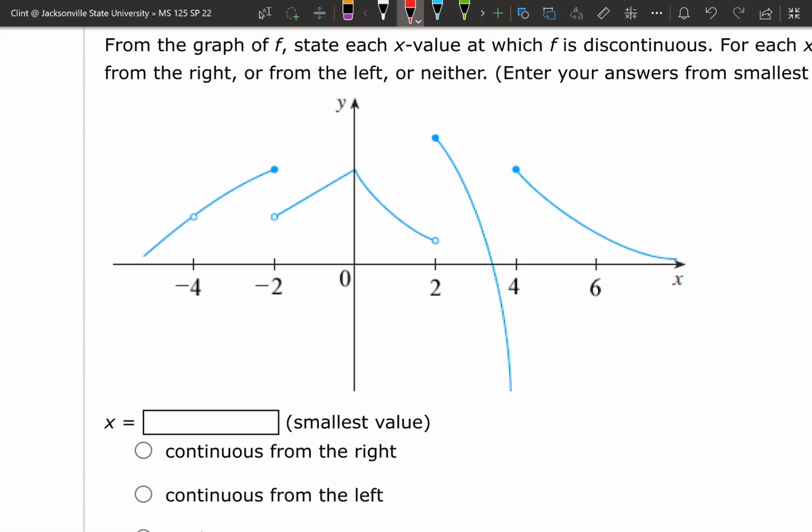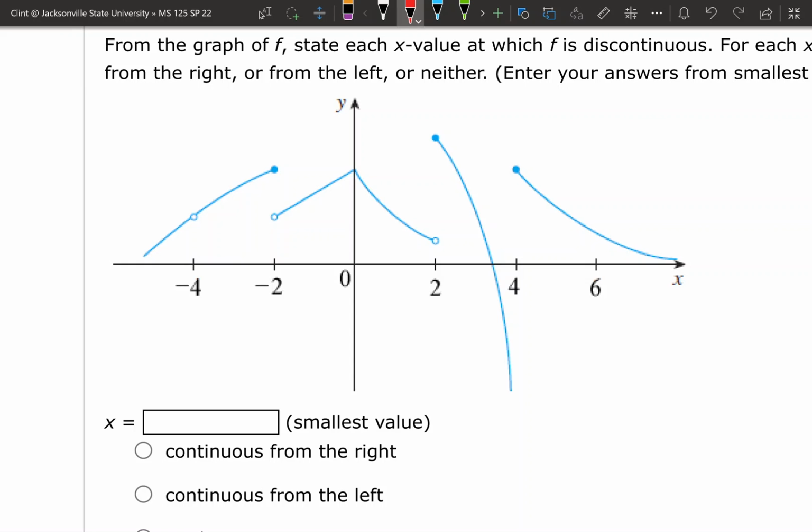And then we have discontinuities anywhere. What kind of discontinuities do we have? Cusp is not a discontinuity, but it would be non-differentiable there. Got an asymptote or a jump or one more. A hole.